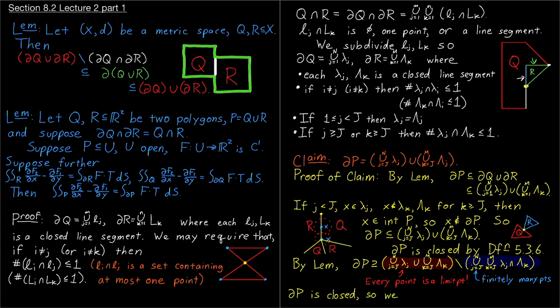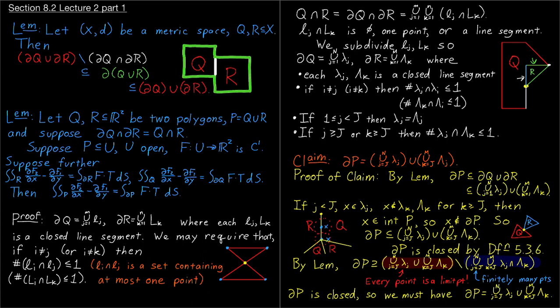So we must have that it's equal to all of the stuff, all of the non-overlapping line segments. We can't delete any isolated points.